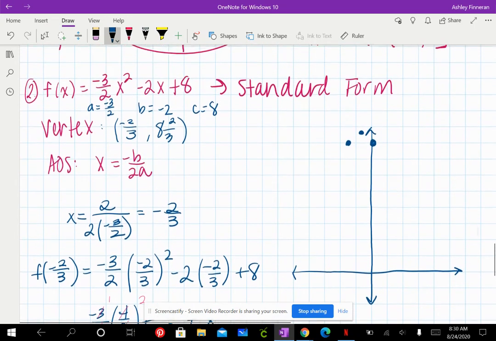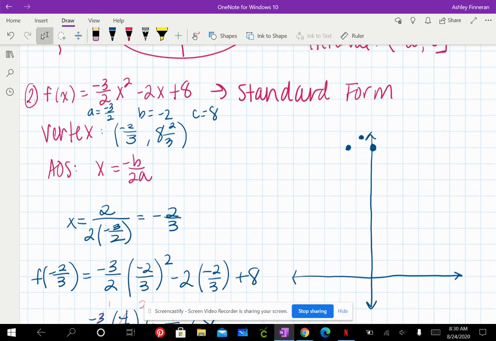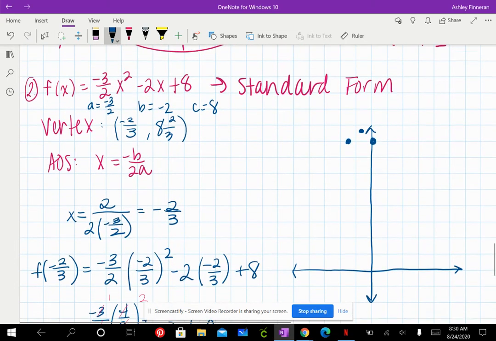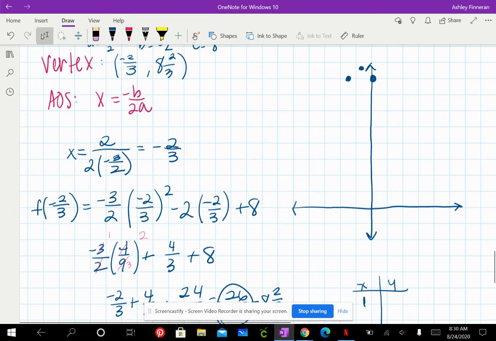So honestly, I think it would be easier just to plug in a number. So for instance, I would plug in 1 and see what the output would be. So just make a quick table. So if I plug in 1, then I would get, let's rewrite this, let's write y equals negative 3 over 2 x squared minus 2x plus 8.